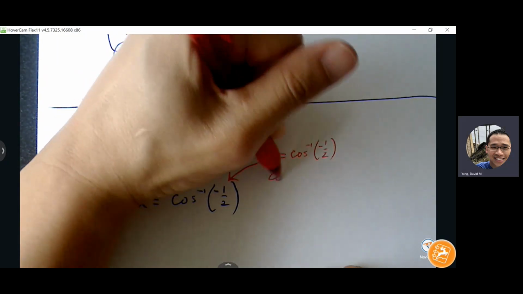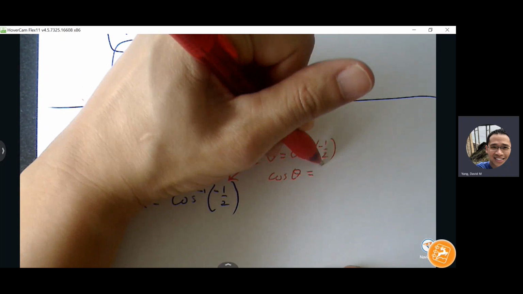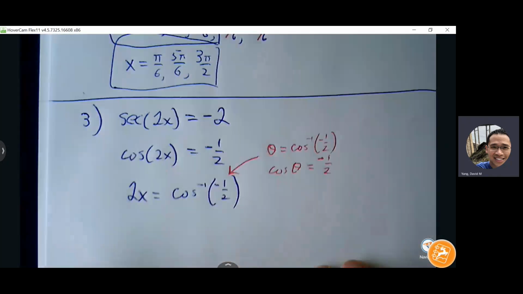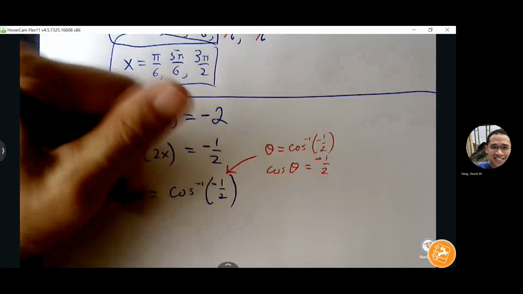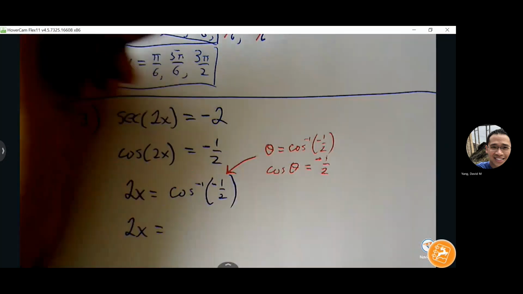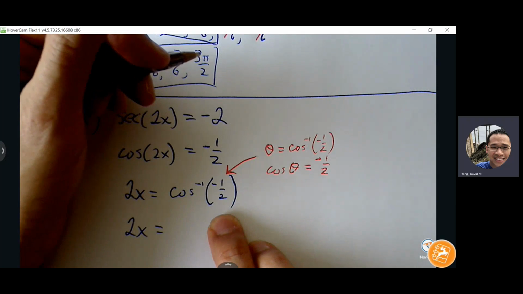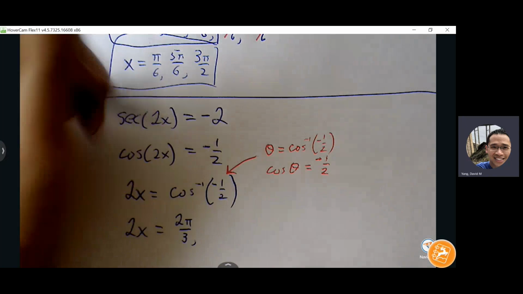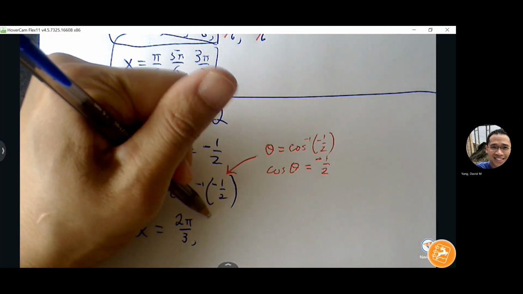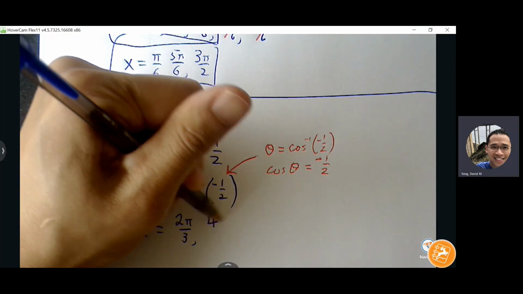In other words, what theta value will allow cosine to be -1/2? And we can list out all those possibilities. In the second and third quadrants, so 2 pi over 3. What else? 4 pi over 3, right?